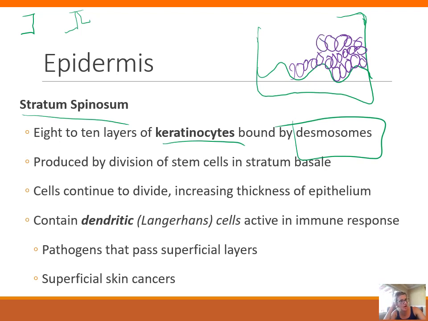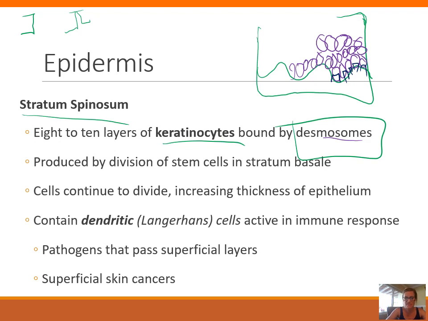We have multiple different types of desmosomes, of little proteins that are connecting the layers and the cells together. At the bottom here in the basal cells, we have hemidesmosomes. So that is like one little protein connector that connects the cell to the membrane below, right? Like that. That's a hemidesmosome because it's only connecting one cell to something.